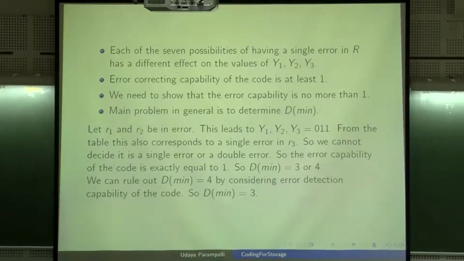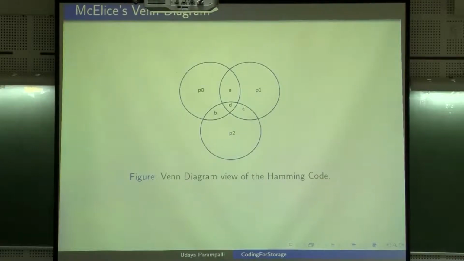I'll come back to that, and it will become more obvious when I give the general case. But we can rule out that it is 4, since in this particular case it's actually 3, and the same argument you can do for any m.